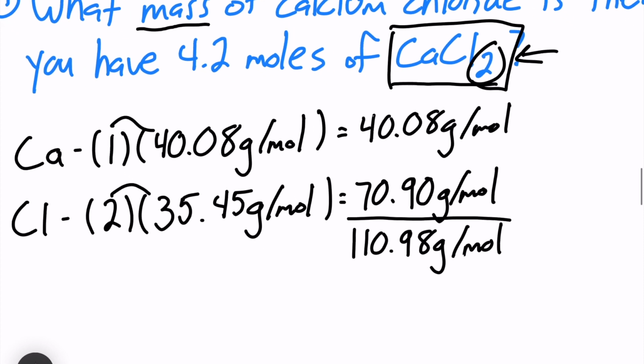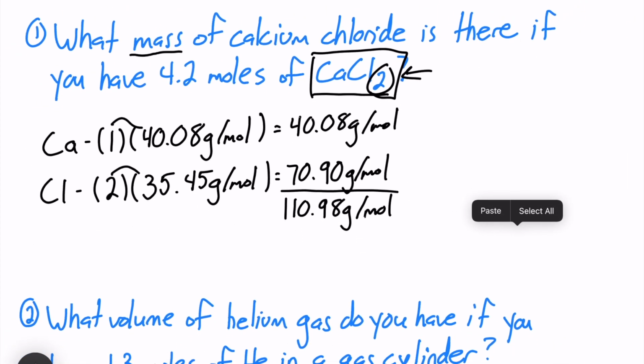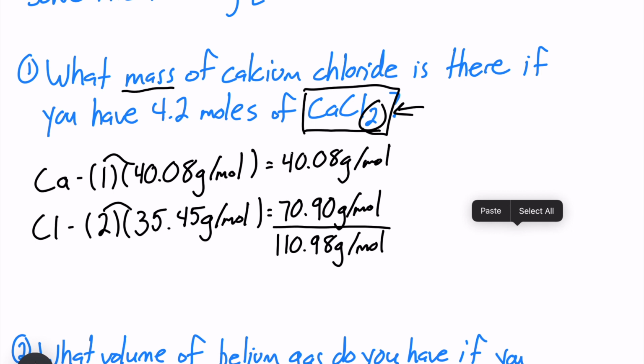Okay, so we have not solved our question yet. We just figured out the molar mass of CaCl2. So we have another step to go here. Okay, so we have to figure out the mass of calcium chloride if there are 4.2 moles of it.